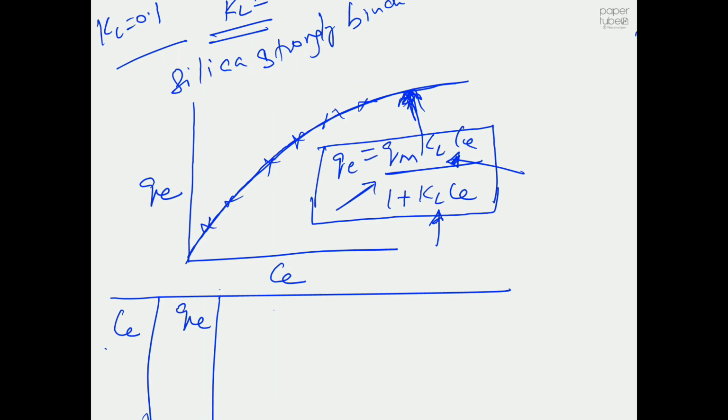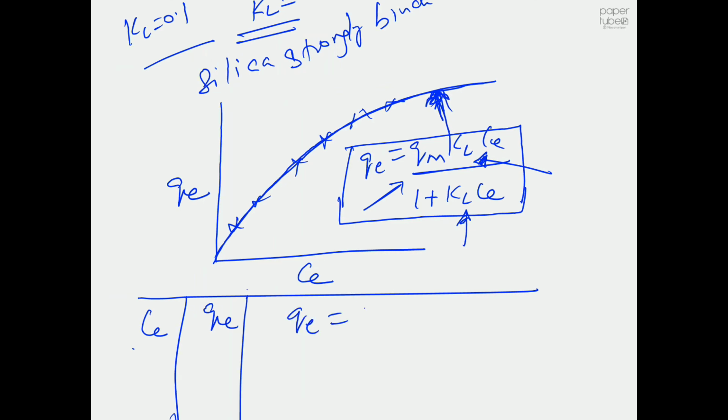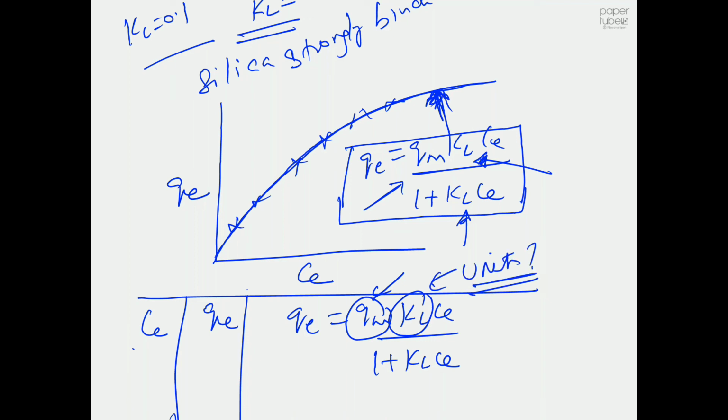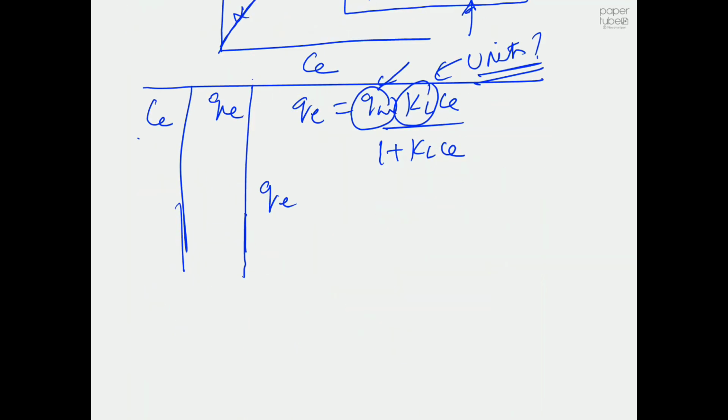One thing I forgot to mention, let me go back. I know you all might know this: QE is equal to QM KL CE divided by 1 plus KL CE. I said to you these two, QM and KL, are constants. So what are the units of the constants? Without units, no expression has any meaning. So if you express QE in terms of grams per gram, your QM will be in grams per gram, so they both have the same units.